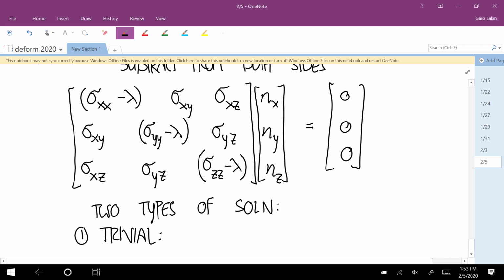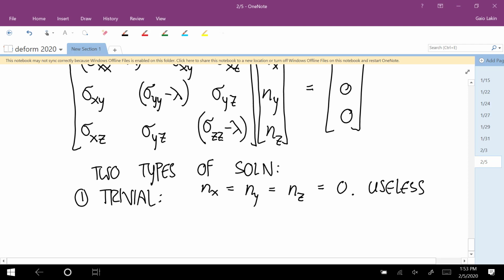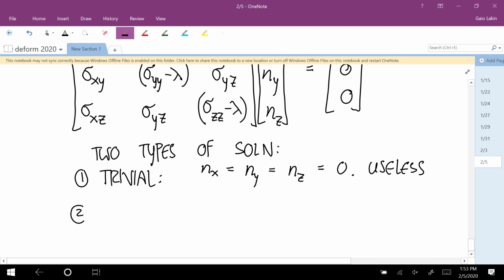And that is that nx equals ny equals nz equals 0. Okay, that one's useless to us, so we don't care about that one. We want to make sure that we're not getting that one.